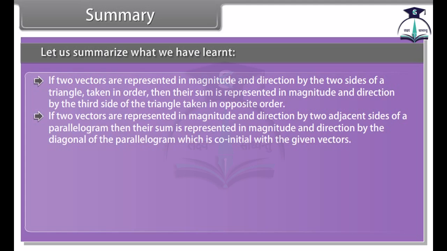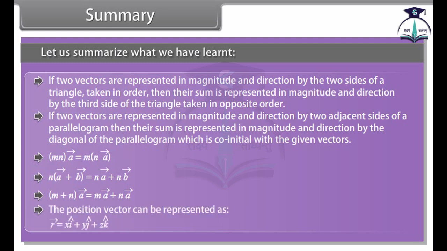If two vectors are represented in magnitude and direction by two adjacent sides of a parallelogram, then their sum is represented in magnitude and direction by the diagonal of the parallelogram, which is co-initial with the given vectors. mn vector A equals m into n vector A. n into vector A plus vector B equals n vector A plus n vector B. m plus n into vector A equals m into vector A plus n into vector A.